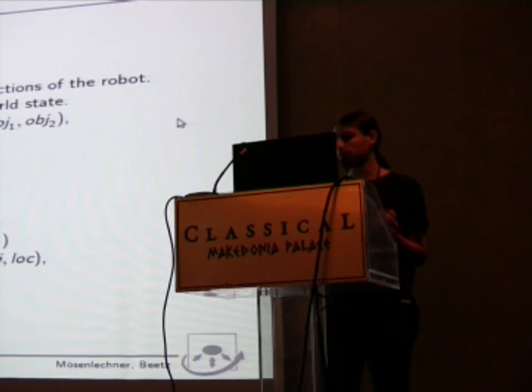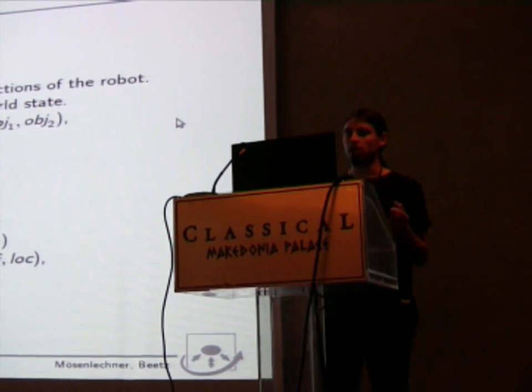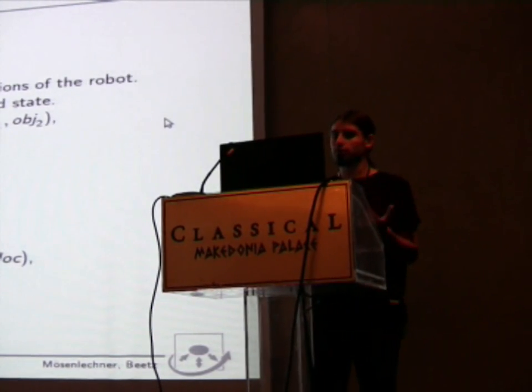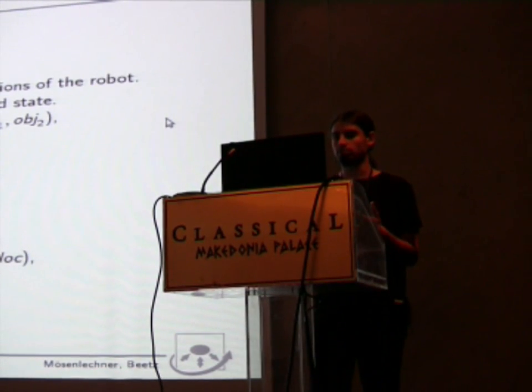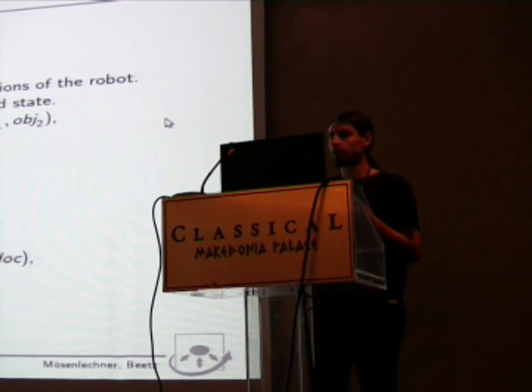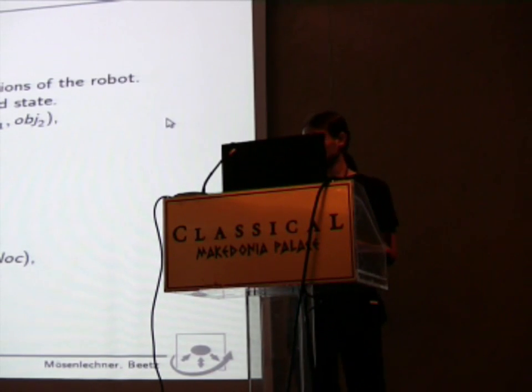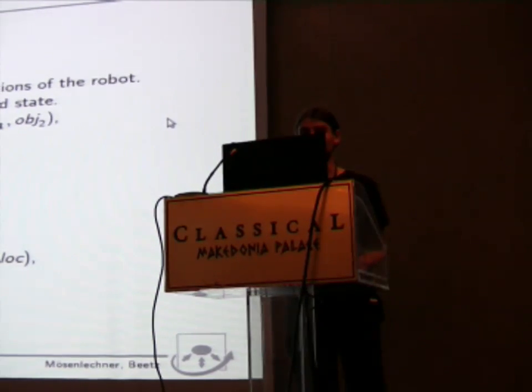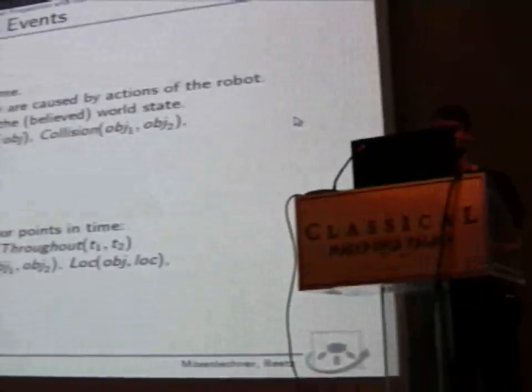Examples include contact between objects, the location of an object at some time specification, or also object in hand. So when grasping an object after a picked up action, normally the condition object in hand should hold. To reason about occasions, we define the predicate holds.